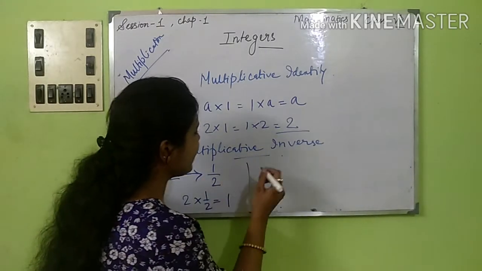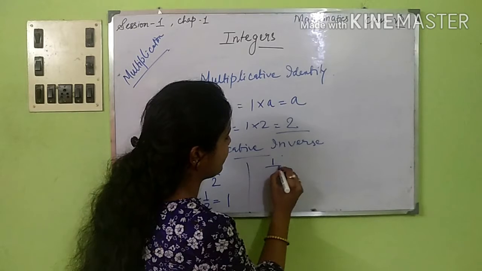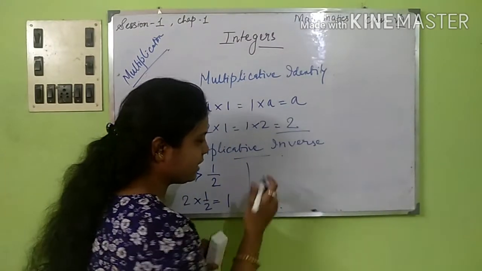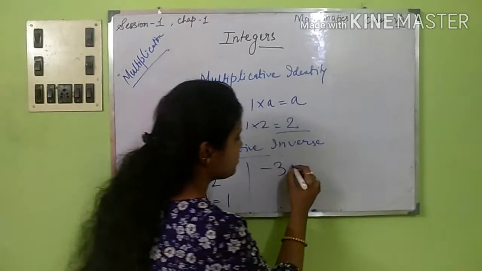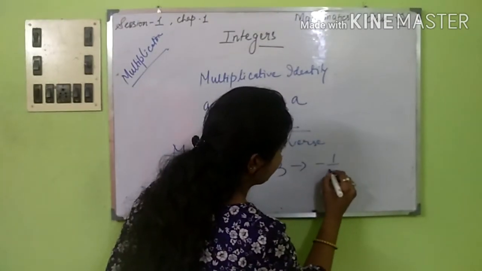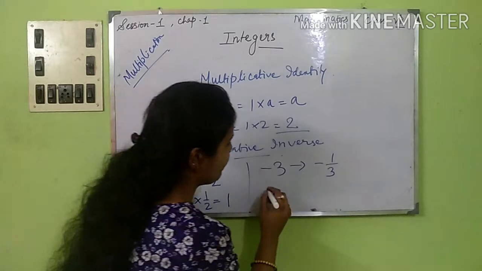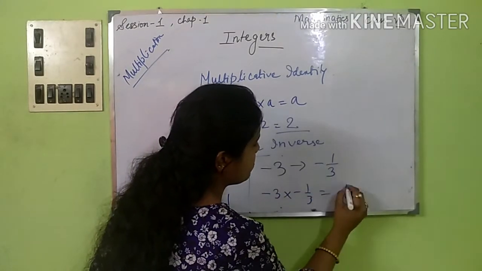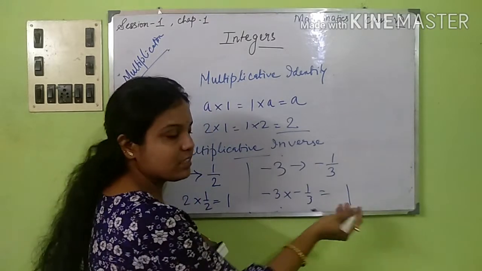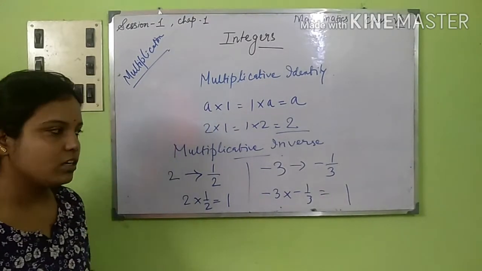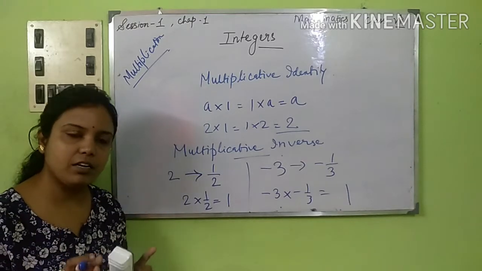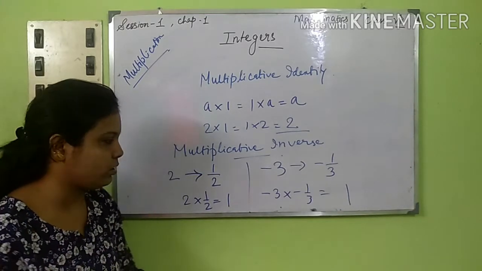Suppose I am taking another number, minus 3. So its multiplicative inverse will be minus 1 by 3, right? Whenever we multiply minus 3 into minus 1 by 3, what will be the answer? 1. Minus minus is plus and 3 will get cancelled. We get 1. So remember that the multiplicative inverse of any particular integer is its reciprocal.